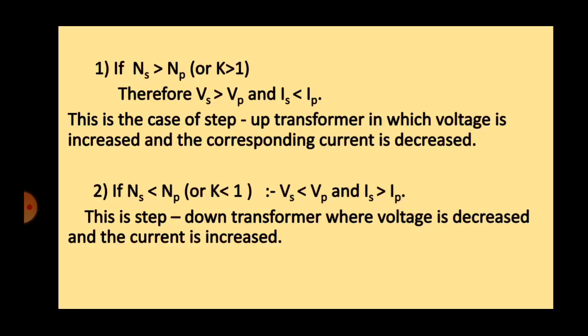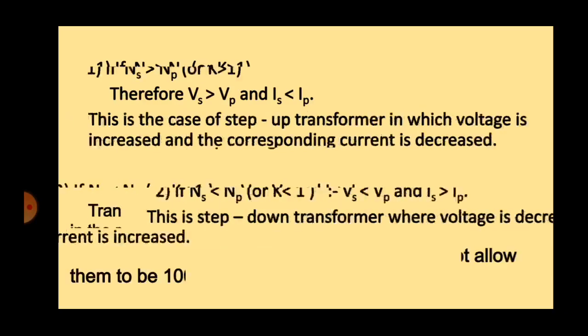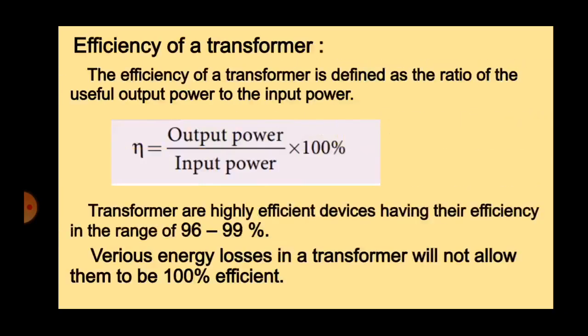Now let us calculate the efficiency of a transformer. Efficiency of a transformer is defined as the ratio of output power divided by input power. Output power is from the secondary coil, input power is from the primary coil.